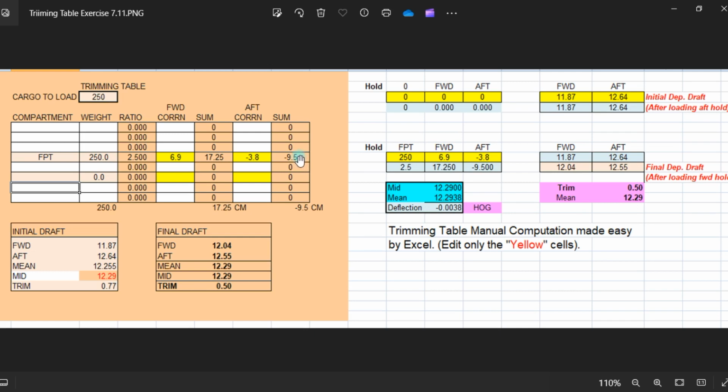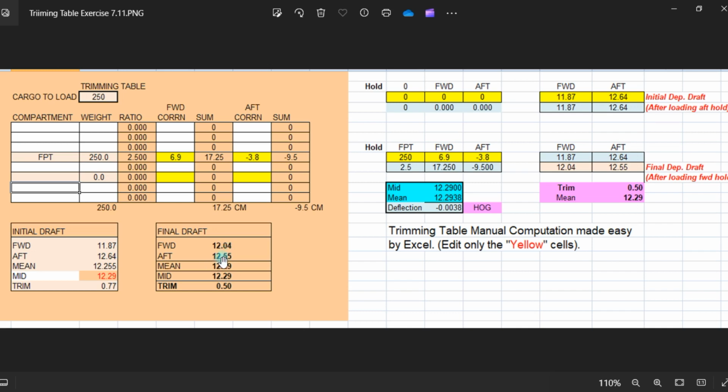Okay, and with this correction, the forward correction will be 17.25 and aft correction will be negative 9.5 total. So with this figure, apply this to your initial draft of 11.87 and you will get a value of 12.25.